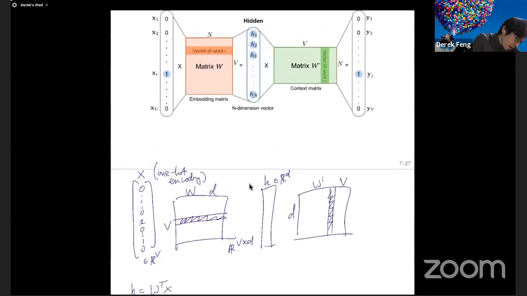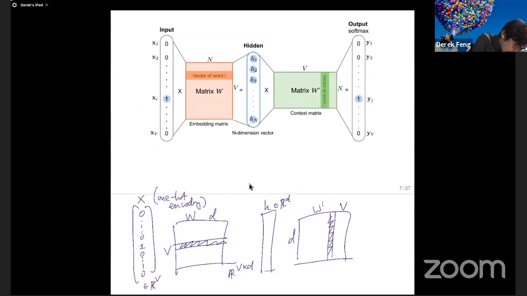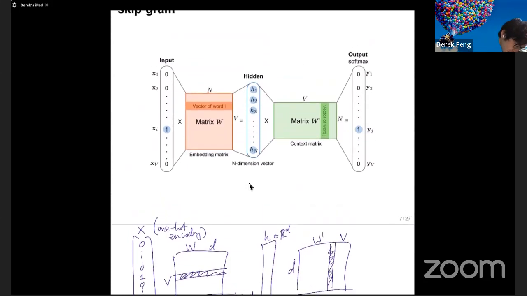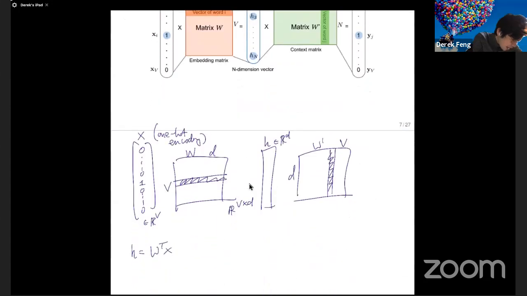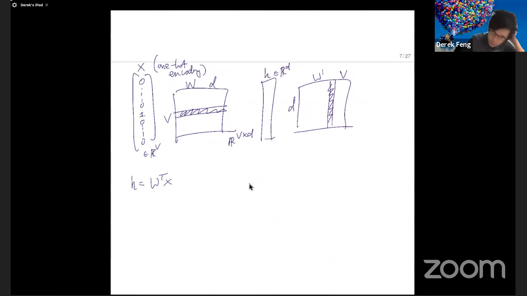For some reason, they call embedding and context a little differently from the way we do it. Now we're going to hit our H layer to get Y.